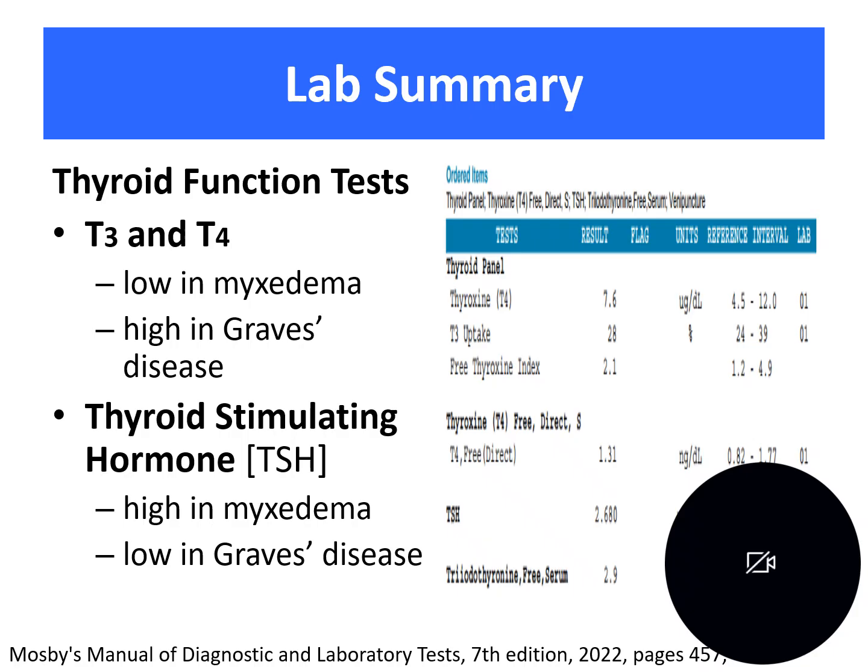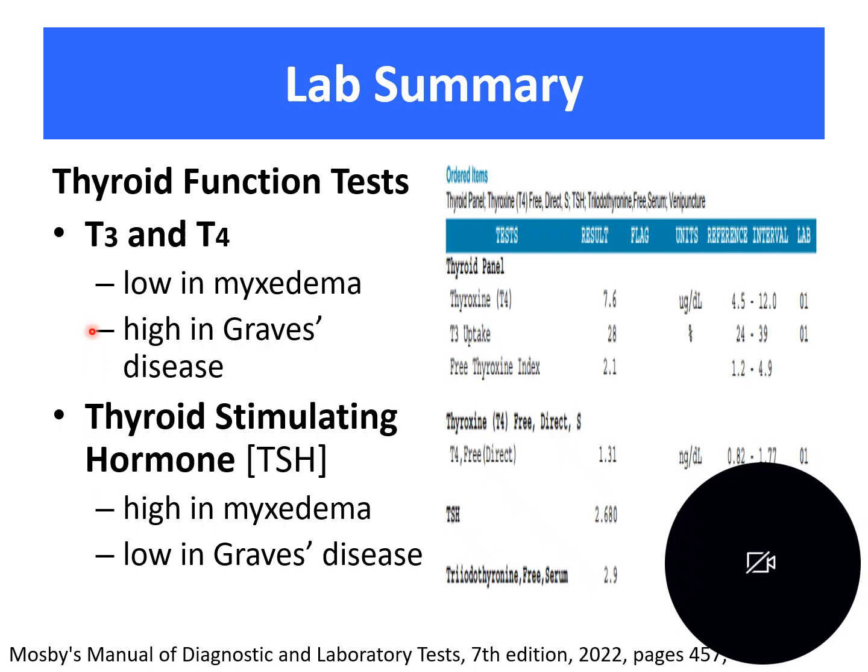In looking at these two diseases, myxedema and Graves' disease, if you measure the thyroid stimulating hormone, because there's a negative feedback loop between T3, T4 and your thyroid stimulating hormone, then in myxedema, in which your T3, T4 is going to be low, your thyroid stimulating hormone, TSH, is going to be high.